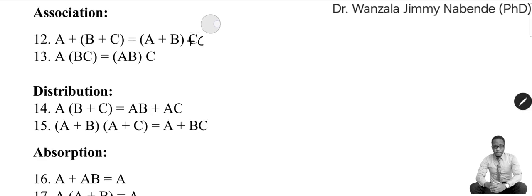As for the association, it says the order of grouping the inputs doesn't matter. So you can have this in the brackets, or you can have this in the brackets. The same applies to this. This can be in the bracket or this.